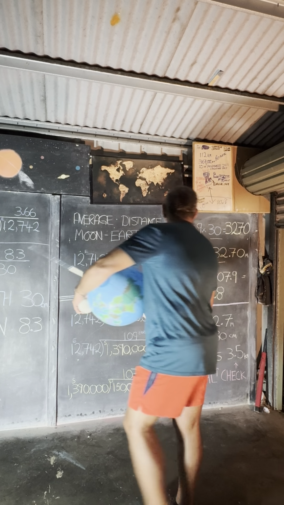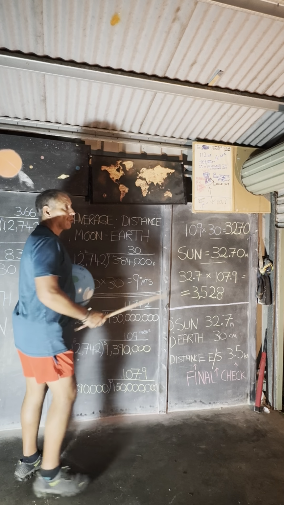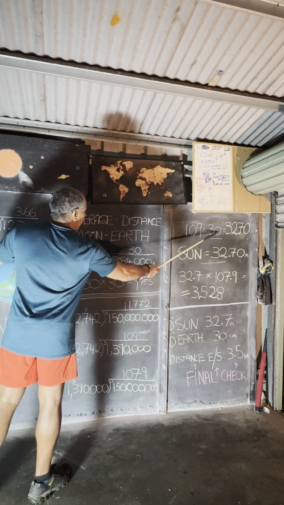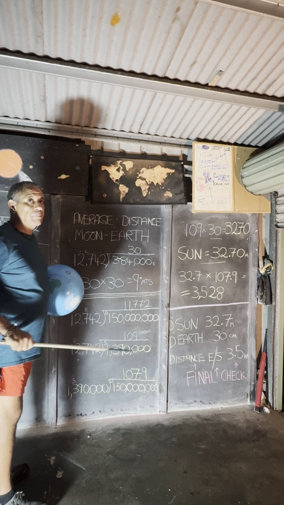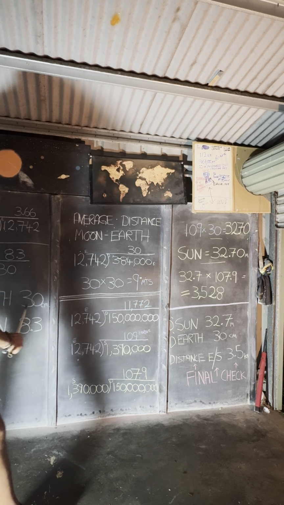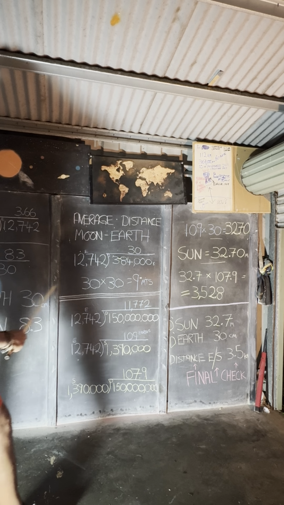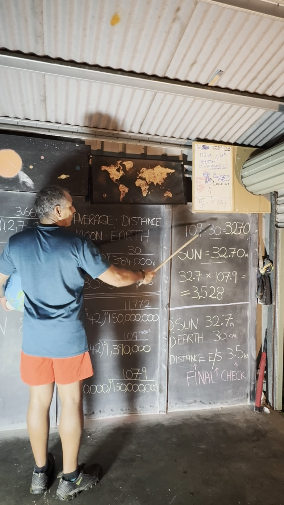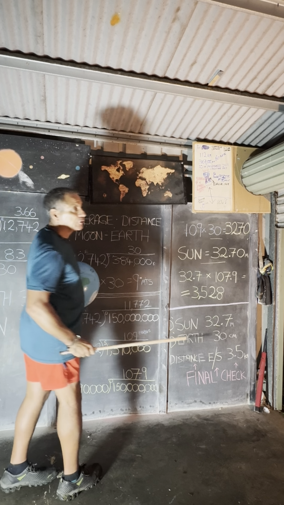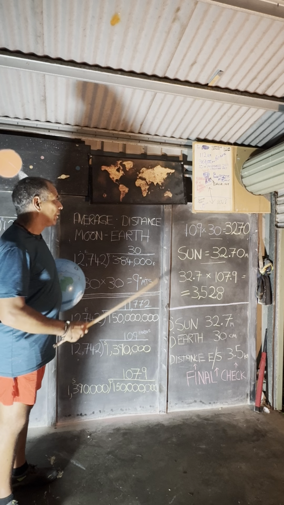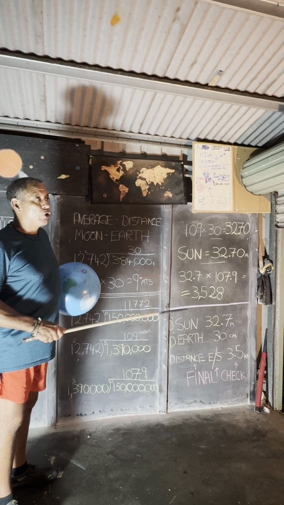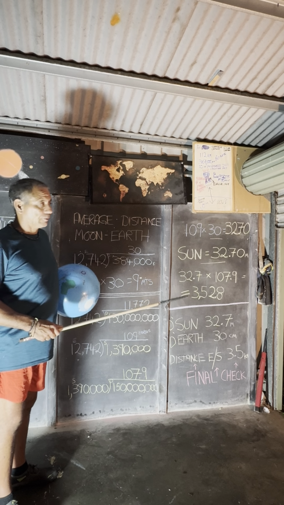Right, we've got 109 Earths, right, multiplied by 30, right? So we've got that 30 centimetre, we multiply that by the 109 of them, and we get 32.7, right? The diameter of the sun is 32 meters, right?